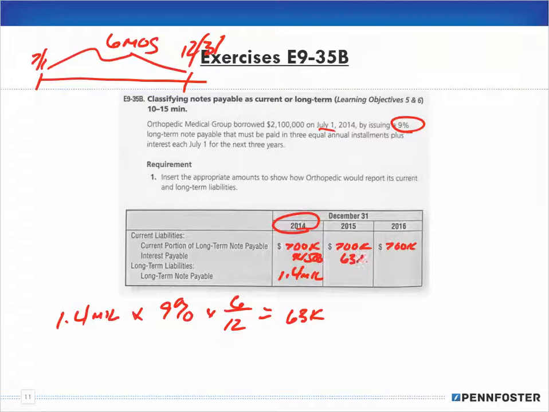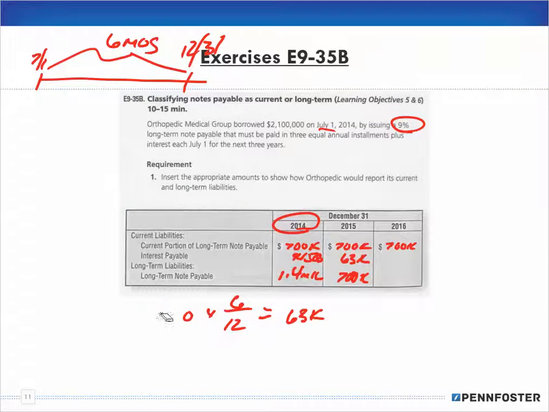But now the long-term note payable, since we've paid off the 2014 installment, has 700,000 as the current portion, so our long-term portion is the remaining 700,000. And that's for 2015.